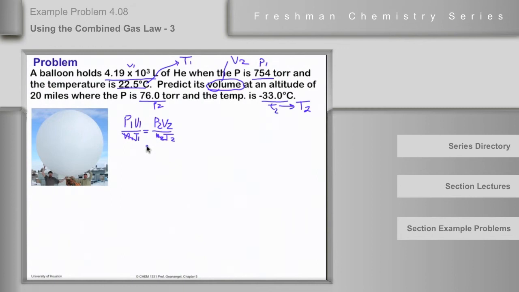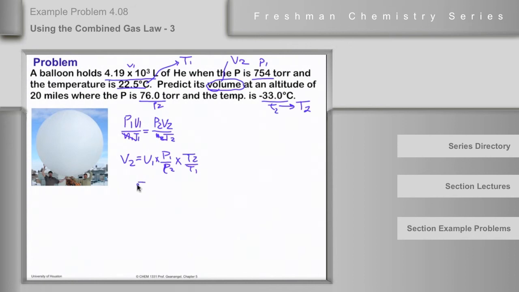So now we have our variables, and what we want to do is, of course, solve for V2. So V2 is equal to V1 times P1 over P2 times T2 over T1. Okay, a little algebraic manipulation there, not a big deal.